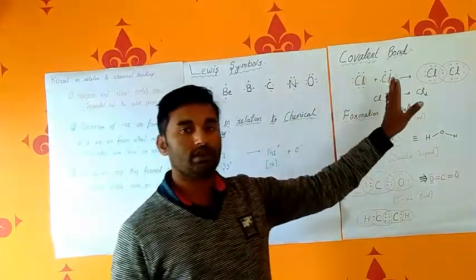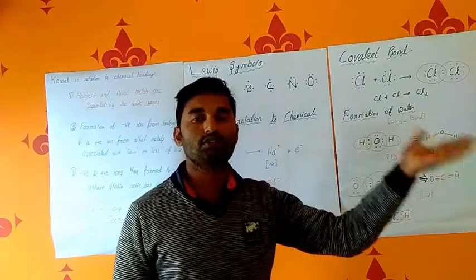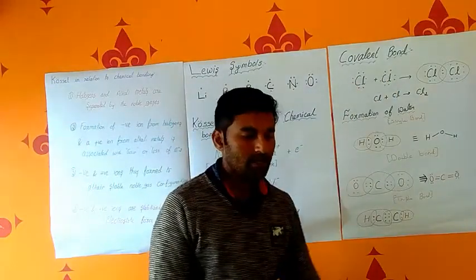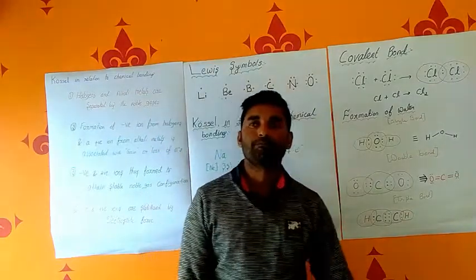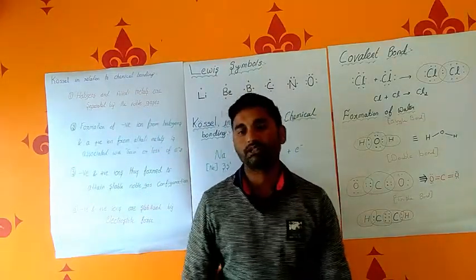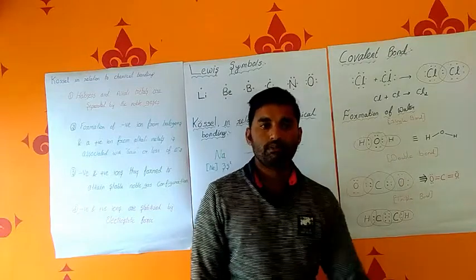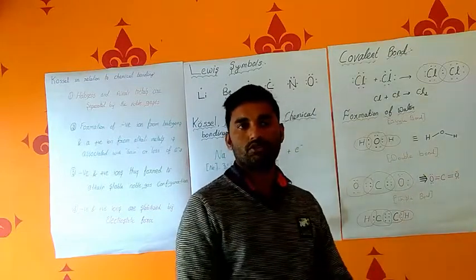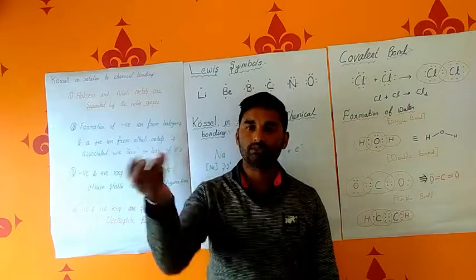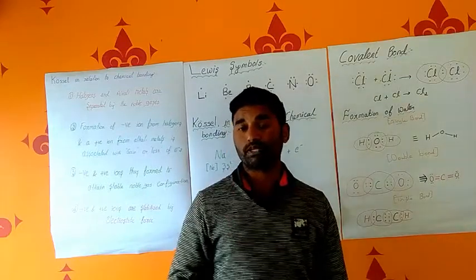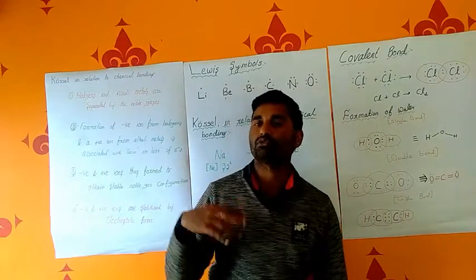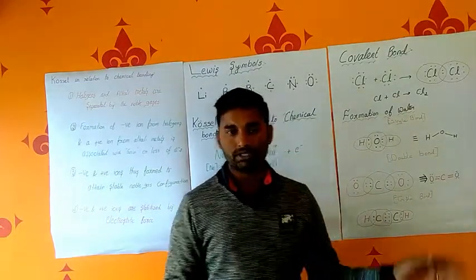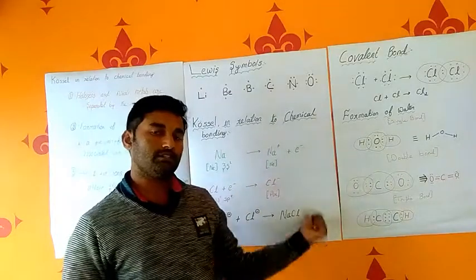But in the case of a covalent bond, they share their outermost valence orbital. For example, you and your friend are planning to go to a park. You have 11 rupees and your friend has 9 rupees, but the bus ticket fare is 10 rupees. So you give your excess 1 rupee to your friend, and both of you buy the ticket and go to the park. This is how these kinds of bonds are formed.